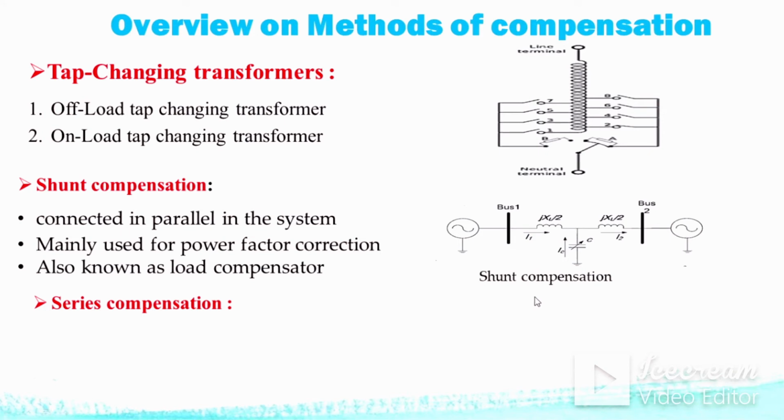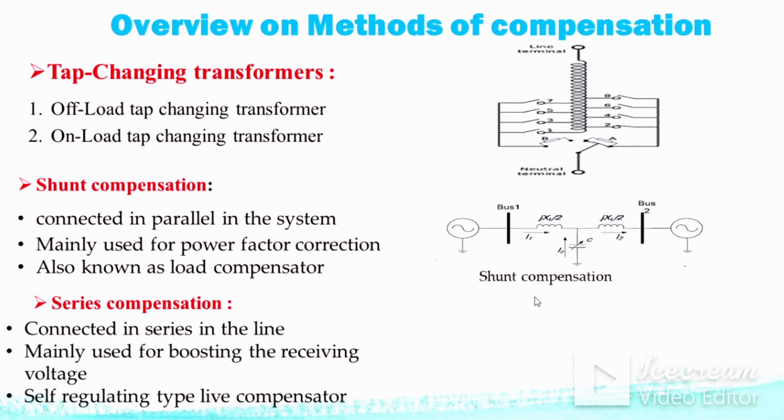Now from the name itself, you can say that it is a series, meaning these capacitors and inductors are connected in series wherever the reactive power has to be compensated. So they are mainly connected in series with the line and mainly used for boosting the receiving voltage.